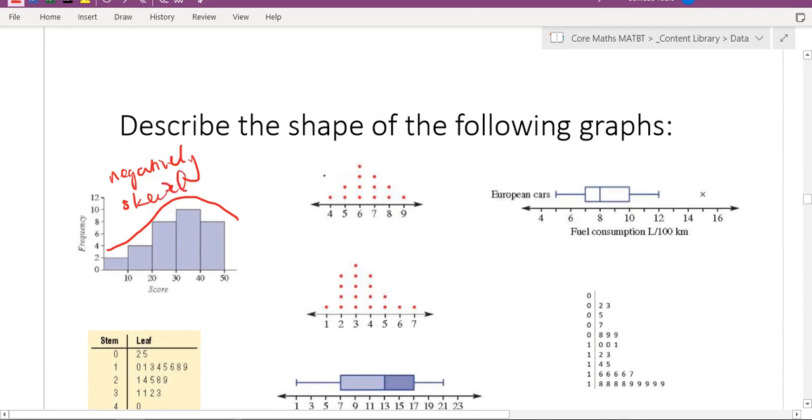Okay, for a dot plot like this, it looks like it kind of just trails off in the middle like that. So what would this one be? Approximately symmetrical.